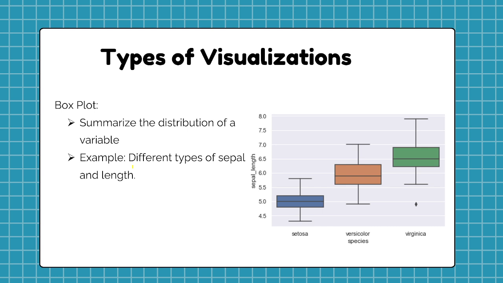Okay, next is the box plot. This box plot is one of the visualizations to summarize the distribution of a variable. So in this box plot figure, we can see the different types of sepal length. There is a meaning for the blue, orange, and green colors, so we'll see the explanations after this.